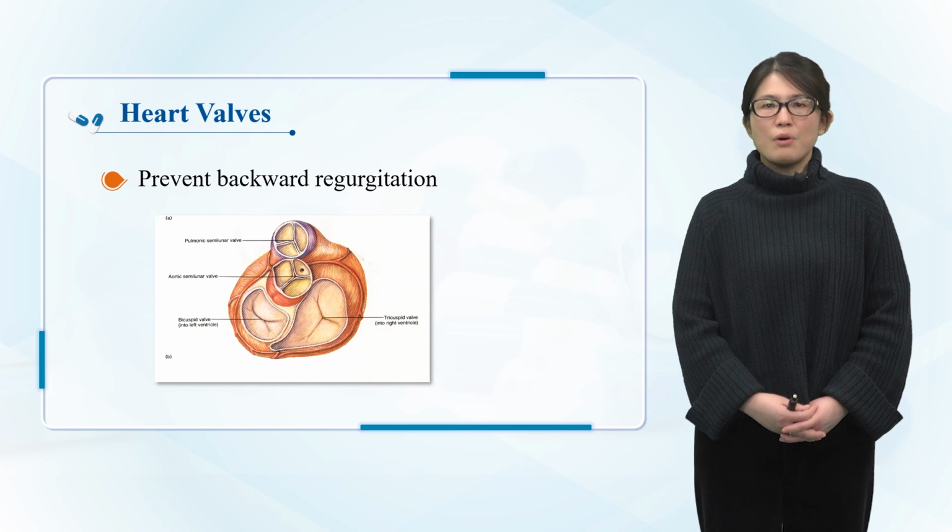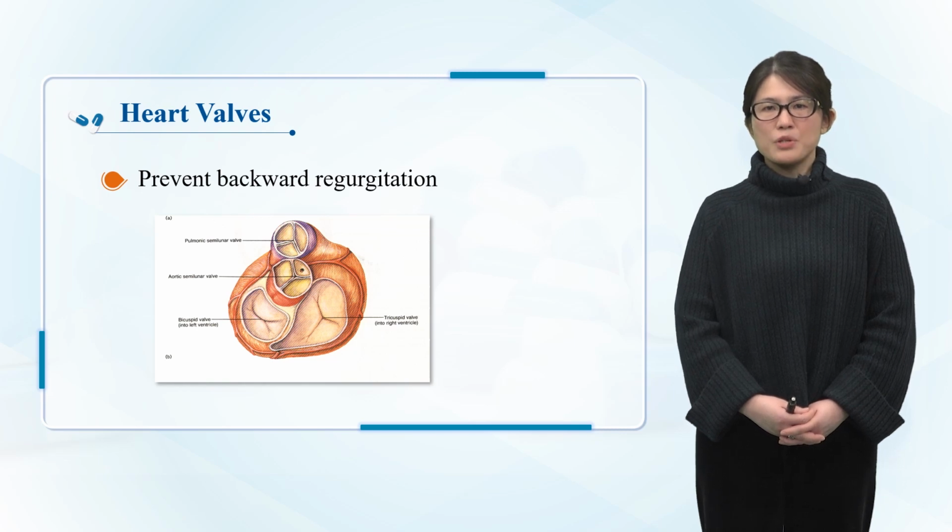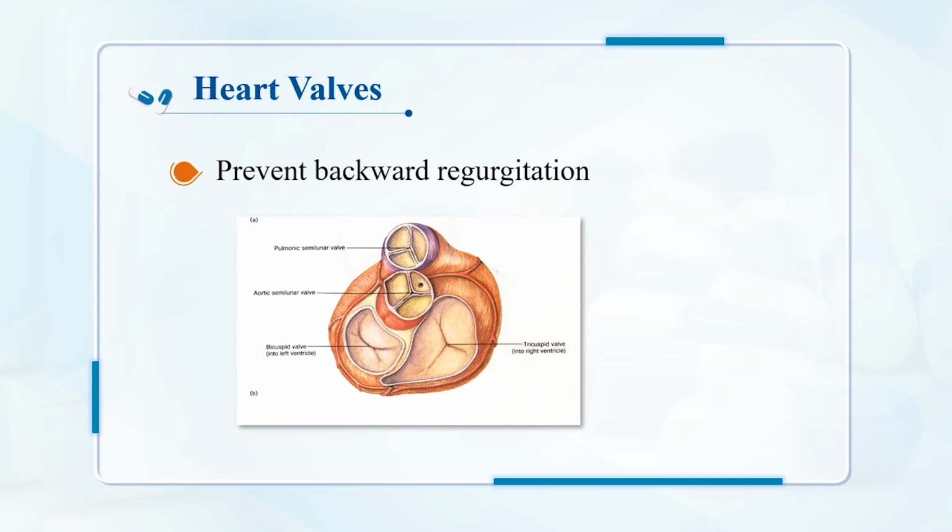When the right ventricle contracts, blood rushes through the pulmonary valve and into the pulmonary trunk. When the right ventricle dilates, the pulmonary sinus is filled with backflowing blood, causing the 3 valves to move closer to each other, and the pulmonary orifice closes tightly to prevent blood from flowing back into the right ventricle.